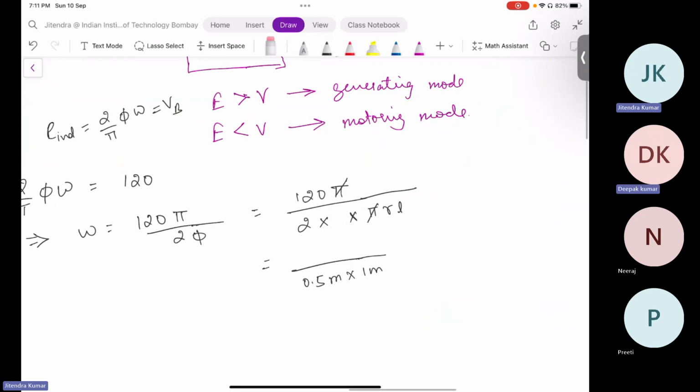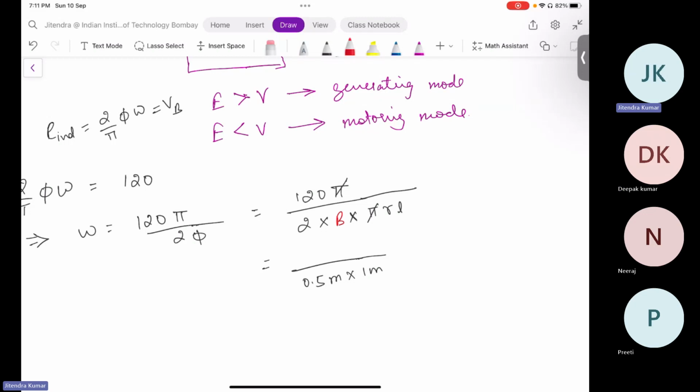Here phi is the flux per pole, right? And here flux per pole is the total flux, because in one pole pair, whatever flux is, there are two poles in total in this motor. So you can say that total flux is equal to that.